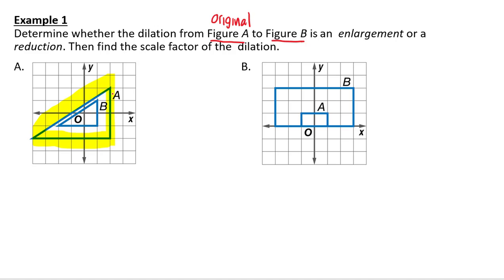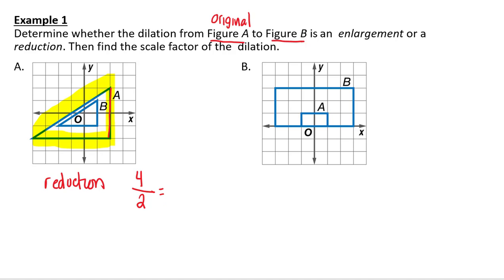Going from A to B, my side lengths got smaller. So that's a reduction. Let's look at the length of one of my legs. The length of one of my legs is 1, 2, 3, 4. So the original over my new one, 4 over 2.